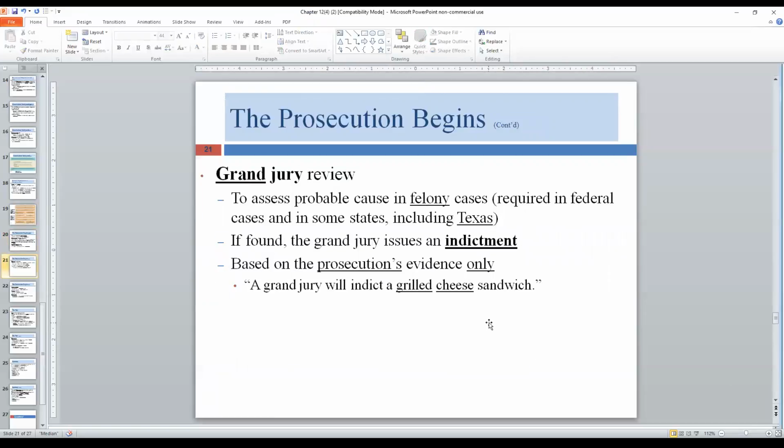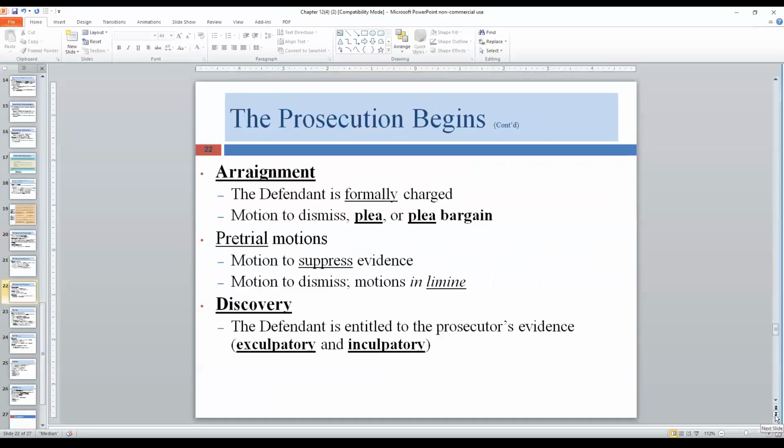We talked already about grand jury review, but let me just see if there's anything here. Nothing really new. We talked about arraignment. Okay, this is something we didn't discuss. During an arraignment, an option that the defendant also has, and I guess the prosecutor could do this too, is to file a motion to dismiss.